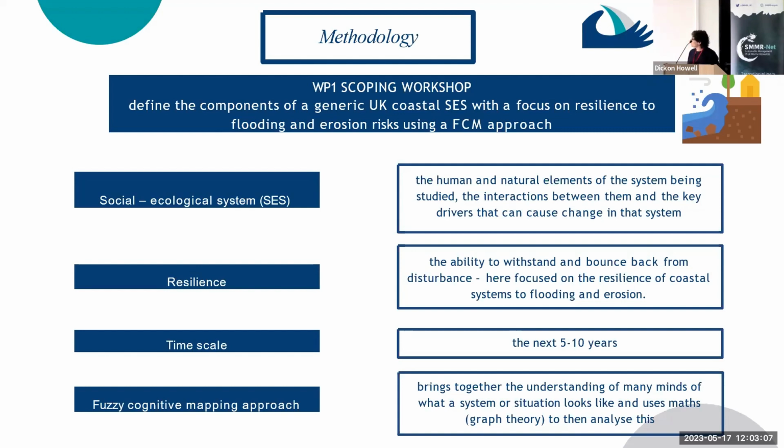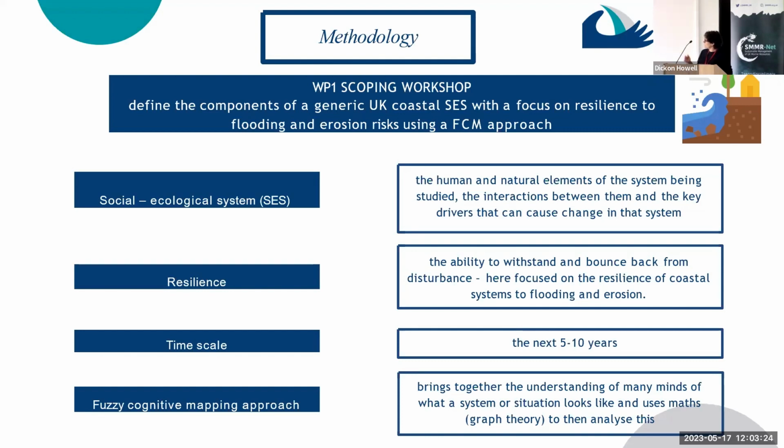Regarding resilience, the definition that we gave during the scoping workshop was the ability to withstand and bounce back from disturbance, always taking in mind the resilience of coastal systems to flooding and erosion. And we asked participants to think about the next 5 to 10 years.